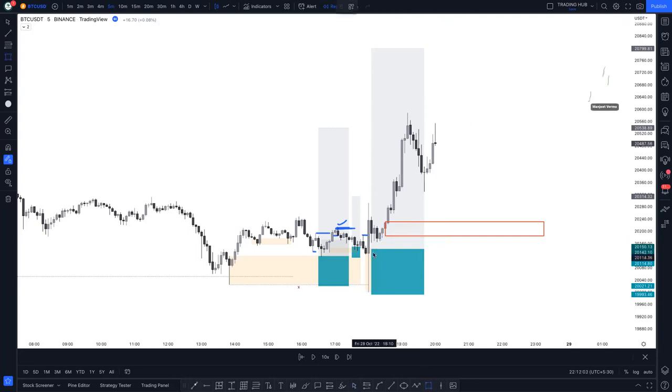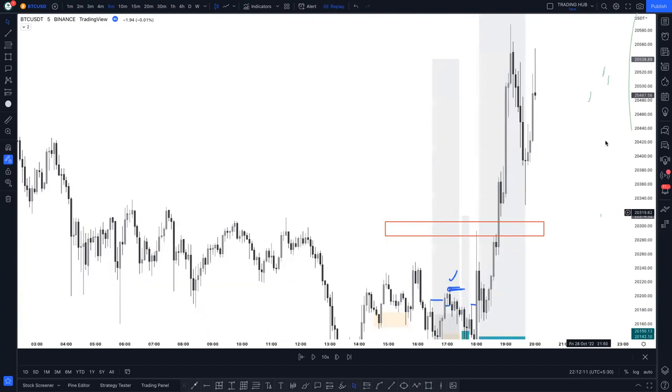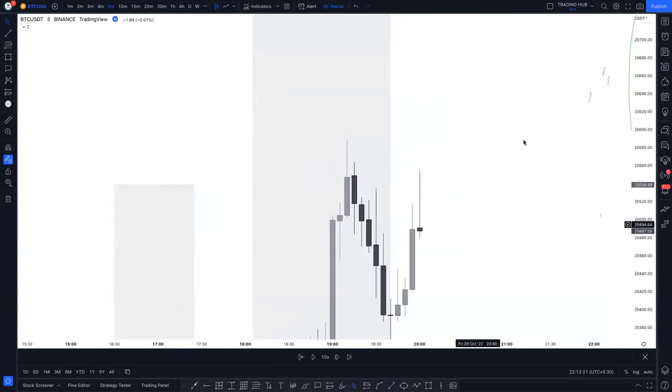Which one is the extreme? Because the actual liquidity was taken out by this move, right? So look at this picture here. And this order block has failed, I mean slightly failed.